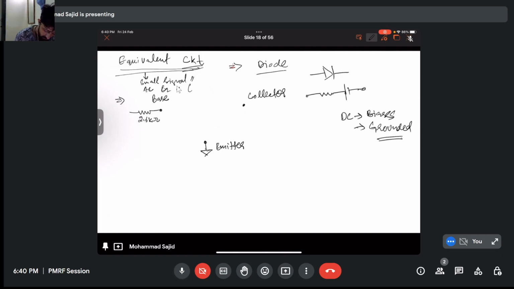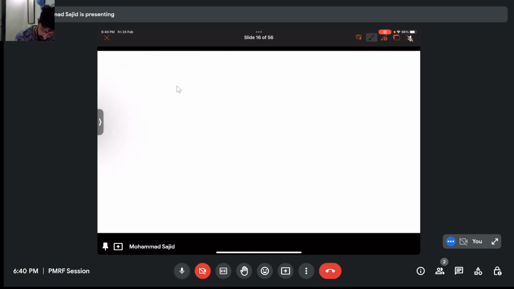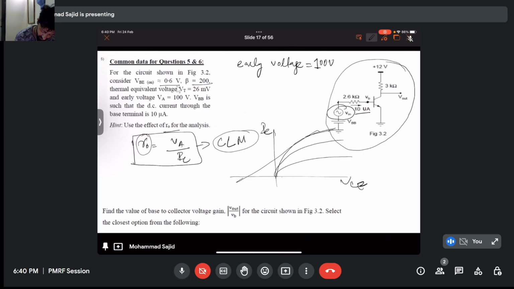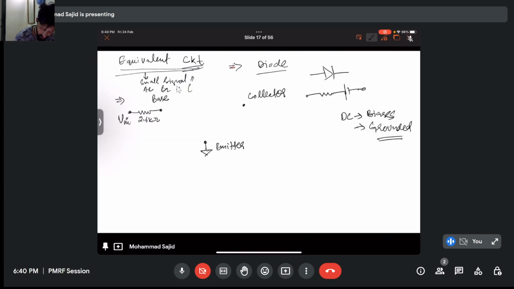So we have here V in, this voltage, VB will be grounded, and 3 kilo ohm will be connected to ground as well at V output. This is our V output. This will be resistor 3 kilo ohm, and we have R naught here as well.